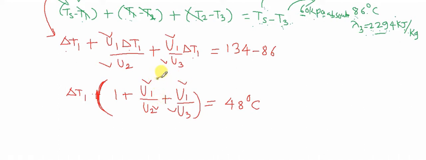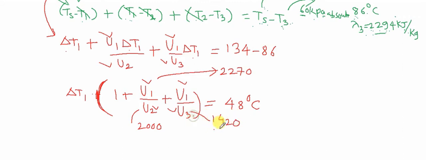U1 is 2270, that value is given. U2 is 2000, value is given. U3 is 1420.